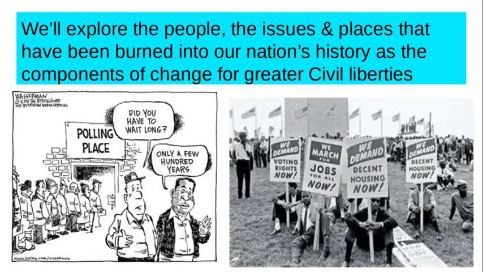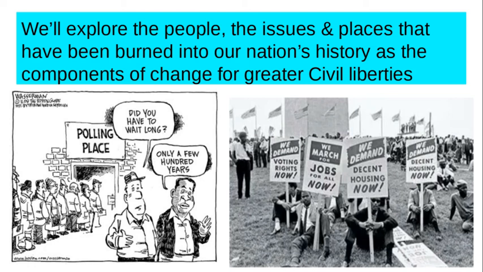So we will be exploring through at least this week into the next one, the famous people, the issues, and the places that have been burned now into our nation's history as the components for change for these greater civil liberties that we now enjoy and maybe take for granted.